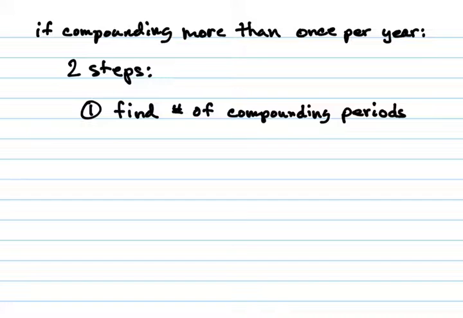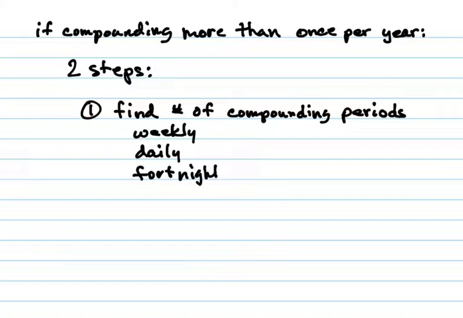And we've talked about these. These can be weekly. They can even be daily. They can be a fortnight. Or it could be quarters. Or it can be some other combination of time. And we know that we use 365 days in a year.